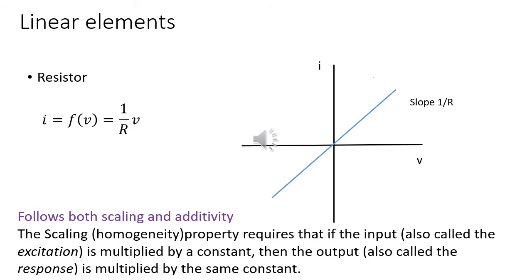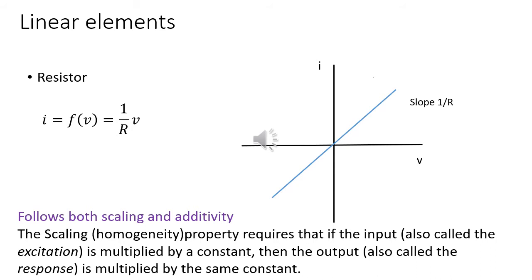In order to check the linearity of a device or a system in general, there are two things. One is the scaling property and the other is the additivity property. Scaling property means, suppose I am scaling my input, a corresponding scaling should be there in the output. Suppose I increase my voltage 5 times, the current will also increase 5 times.